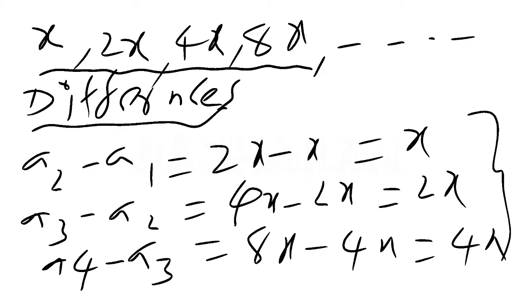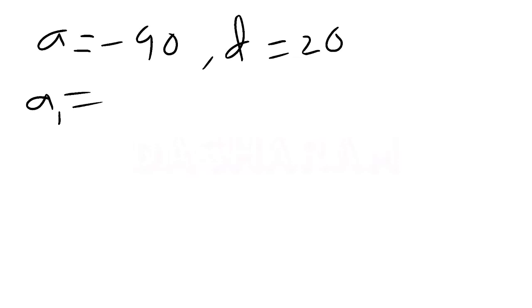Next, second question: write the first 4 terms of the AP where A value is minus 90 and D value is 20. The terms are denoted with A1, A2, A3, A4.